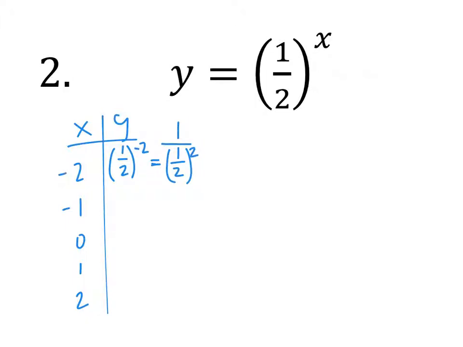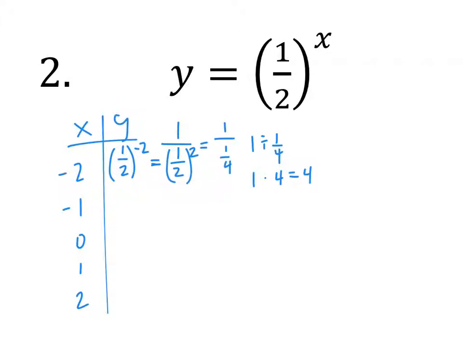Now it tells us we're going to square it, so it's 1 over 1/4. That is basically saying 1 divided by 1/4, so we multiply by the reciprocal. So 1 times 4, which is 4. Okay? You guys are okay.